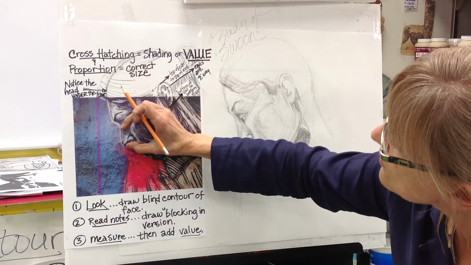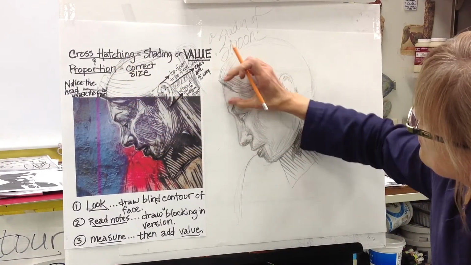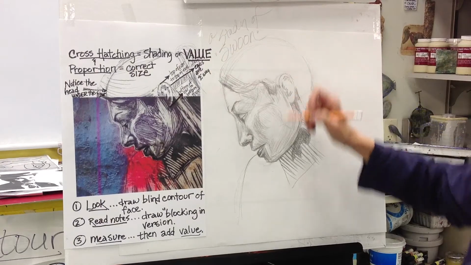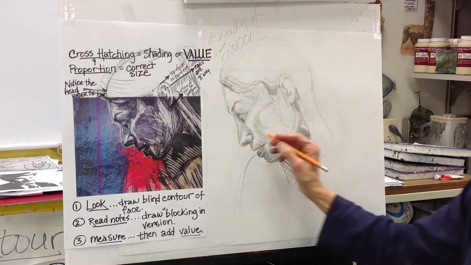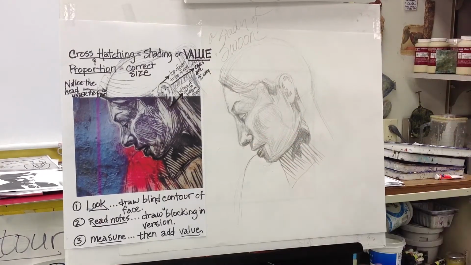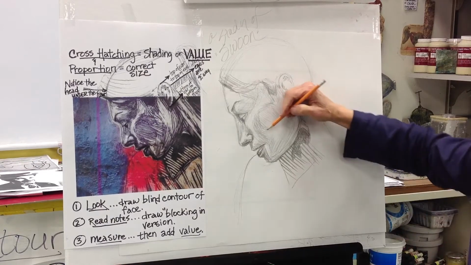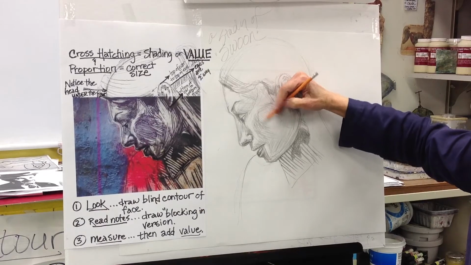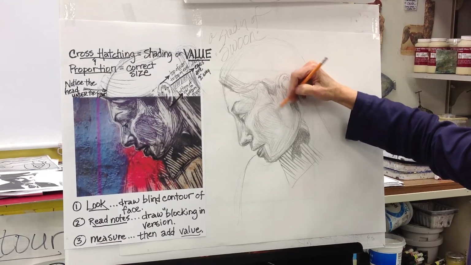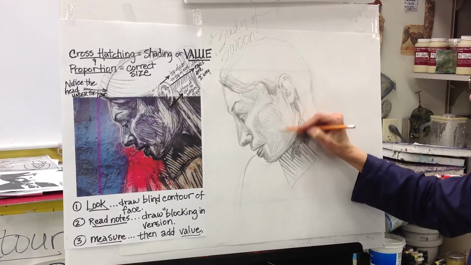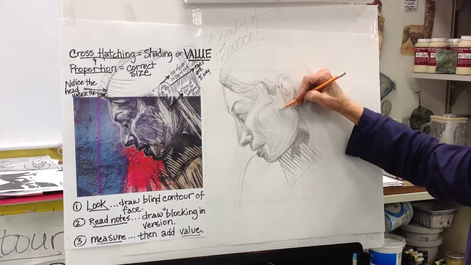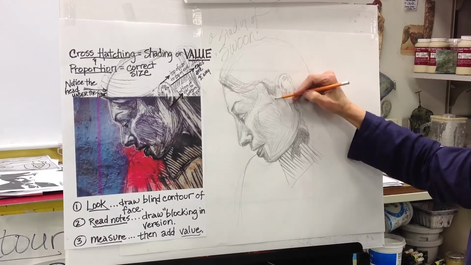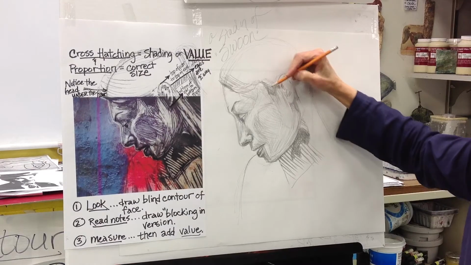Measure this to the nose. Okay. My nose may be a little too long. Get this last bit in here, and I will call this a quick study of Figure by Swoon.